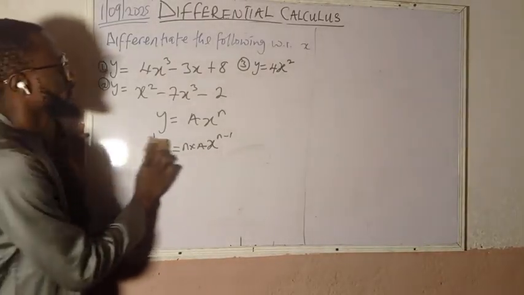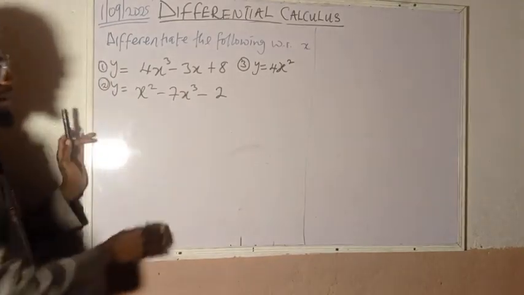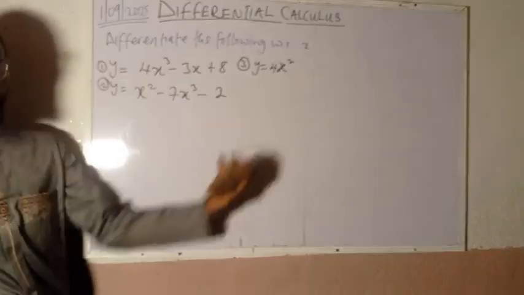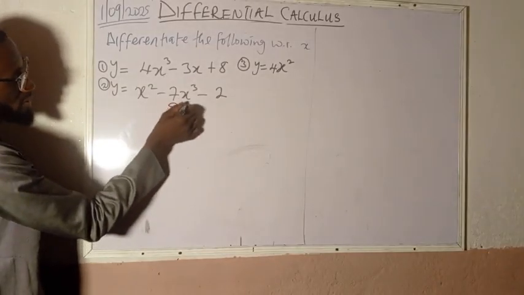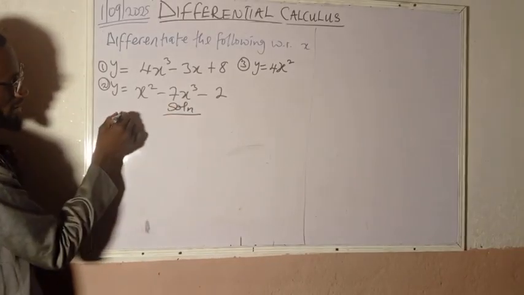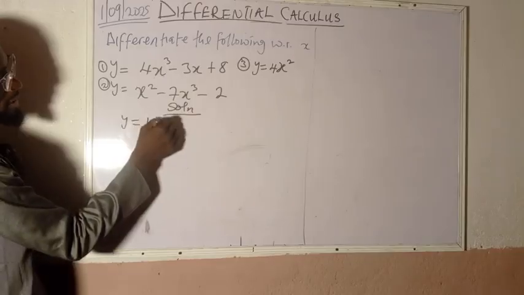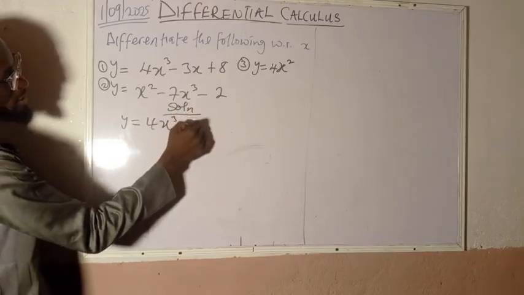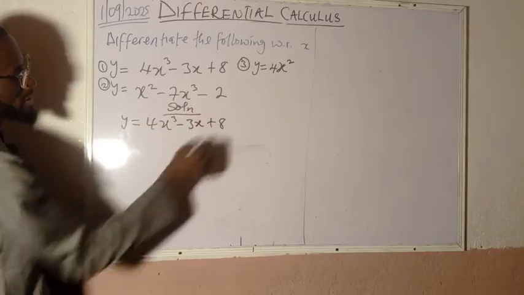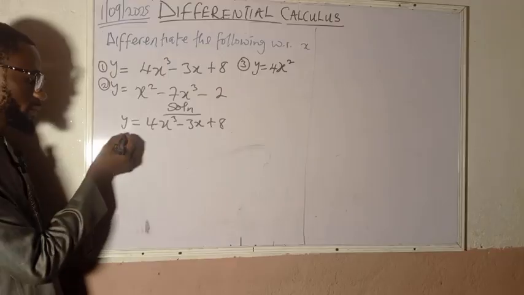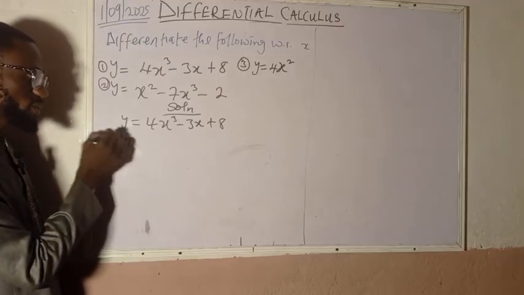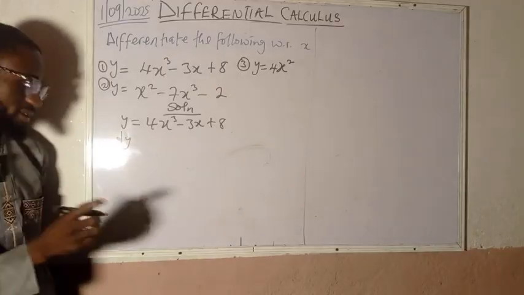Then we are going to apply the formula in solving these cases. Now we see the solution. We have y is equal to 4x cubed minus 3x plus 8. Then we differentiate y with respect to x.